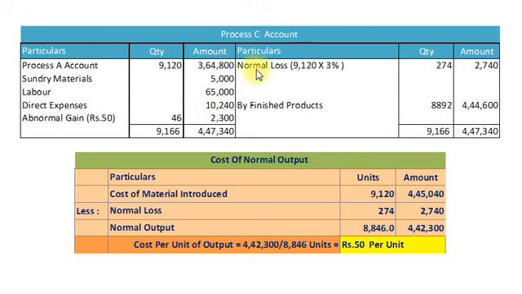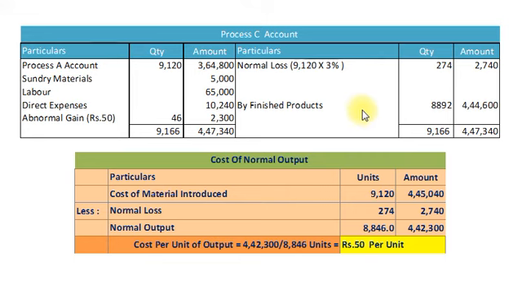On credit side, by normal loss, it is 3% of input, that is 3% of 9,120 amounts to 274 units, and realized value rupees 10 per unit, so amount 2,740.